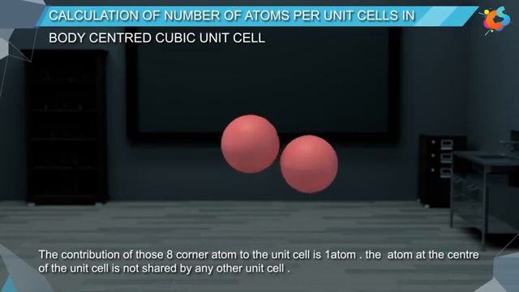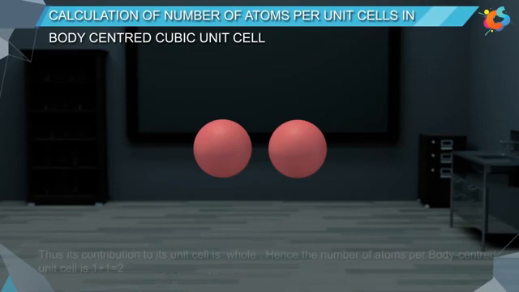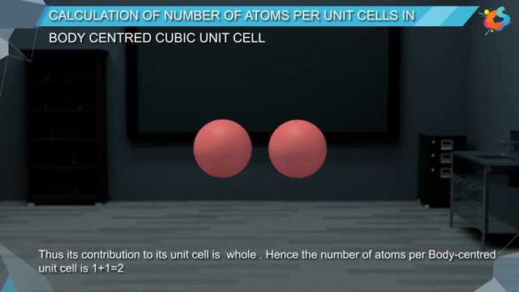The atom at the center of the unit cell is not shared by any other unit cell. Thus, its contribution to its unit cell is whole. Hence, the number of atoms per body-centered unit cell is 1 plus 1, which is equal to 2.